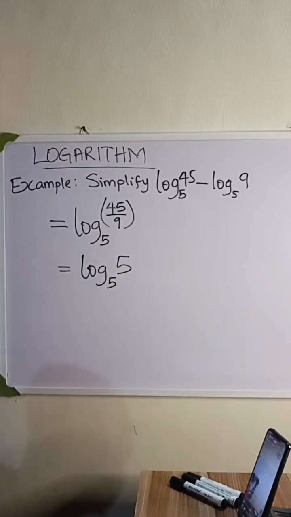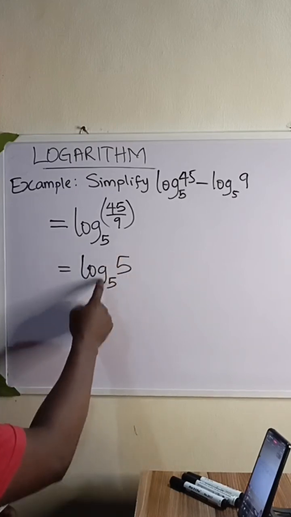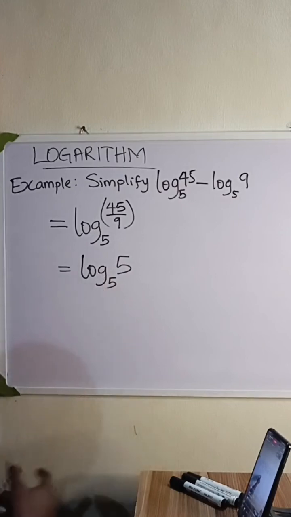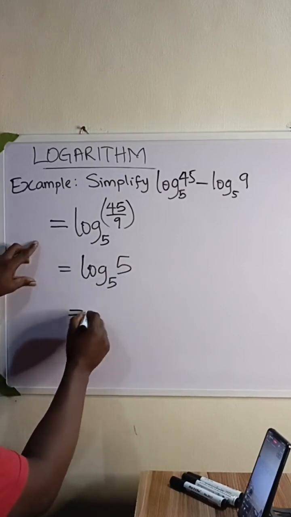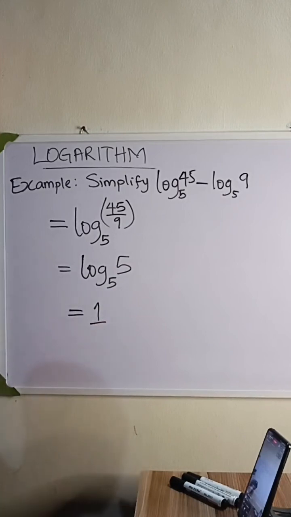So is this our final answer or can we go further? And which law is going to help us go further? Law of unity, good. So when the ordinary number is equal to the base, this means your answer is equal to 1. So since the ordinary number and the base are equal, we can say our answer is equal to 1. Correct.